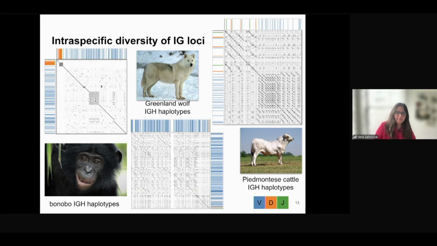But unlike bonobo, where these repeats are concentrated in relatively small places, these repeats take the whole locus. For example, this block represents the whole IGHV locus. And despite all the breeding effort, the fact that this is a very well-defined cattle breed, corresponding haplotypes can be very different.